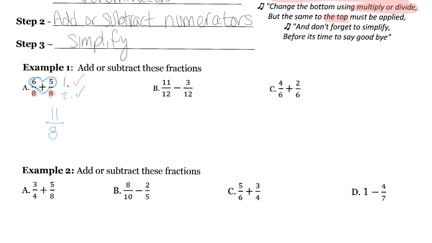Okay. Does anybody remember what that's called if your numerator is bigger than your denominator? If your numerator is bigger than your denominator, it's called an improper fraction. And we don't want that. We want it to be simplified. So now we're going to simplify. Simplifying is when we take out a denominator.